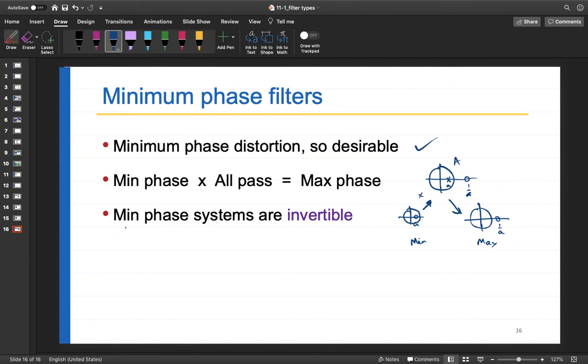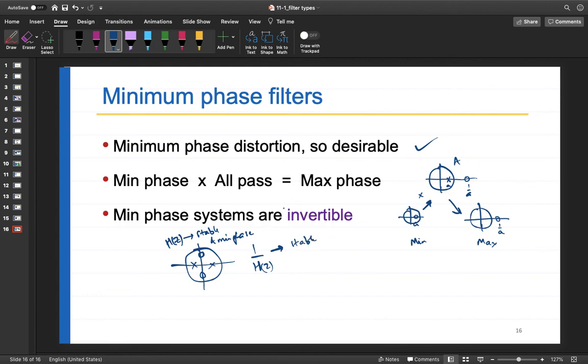Now let's see min phase systems. They have all the poles inside, because it is a stable system. Now all the zeros are also inside. What does that mean? It means if I invert it, if I take 1 upon H(z), say this is H(z), which is stable and min phase, then 1 upon H(z) will also be stable, right?